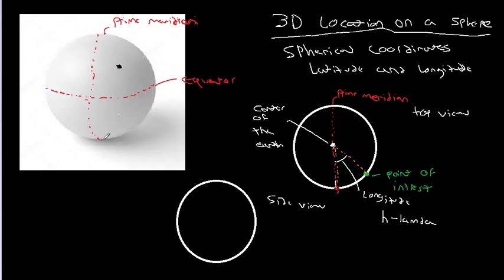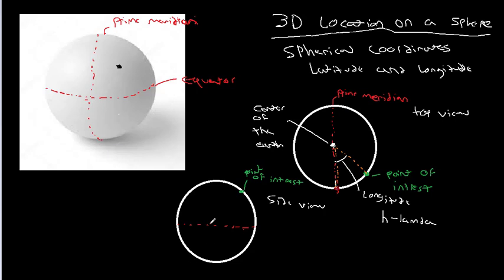We cut it along the prime meridian and we're looking in. And so you can imagine in this case the equator is cutting the circle in half kind of like that, and we could put our point, say, maybe here. This is our point of interest.